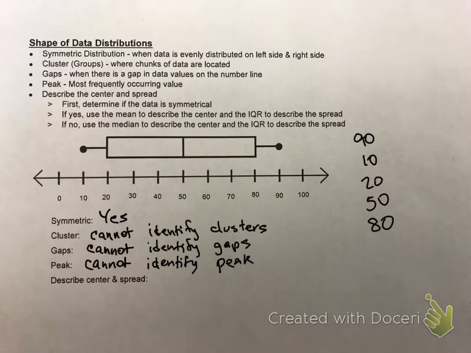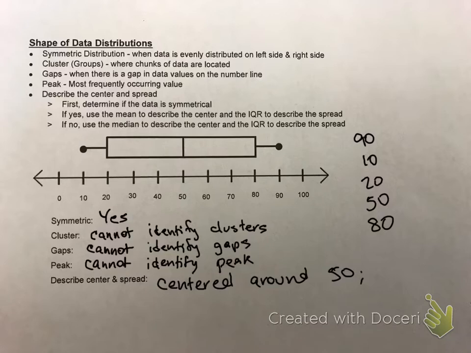In this case, because we don't have all of the numbers necessary, we can still use the median because usually the mean and the median are fairly close together, depending on the set of data. So in this case, we're going to use the median, and we're going to say that the data is centered around 50, because that's the median based on the box plot.